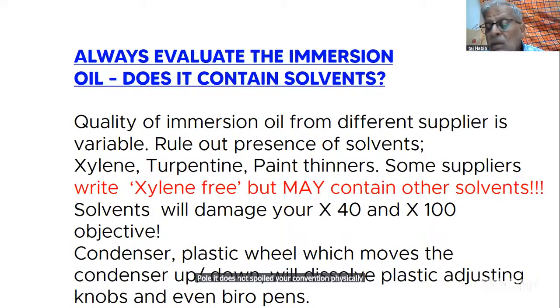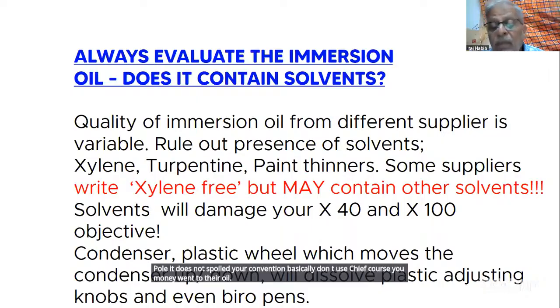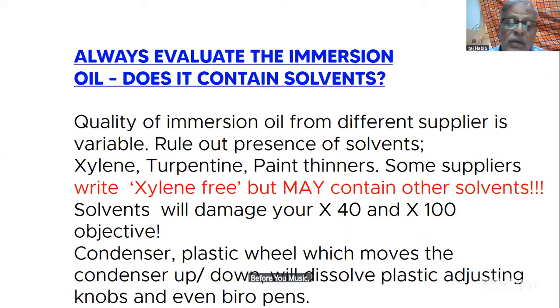Basically, don't use cheap oils. Evaluate the oil before you use it on your microscope. And don't buy too many oil bottles. You just need one for a whole year. You don't have to buy 6.